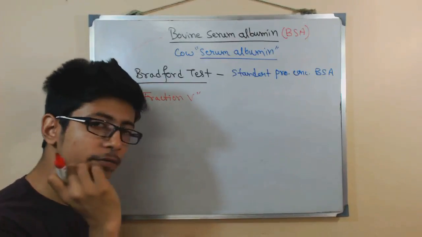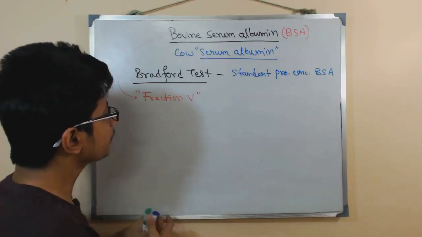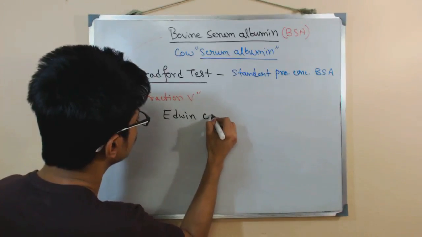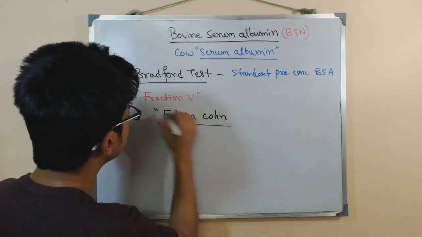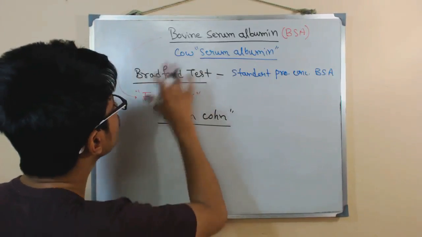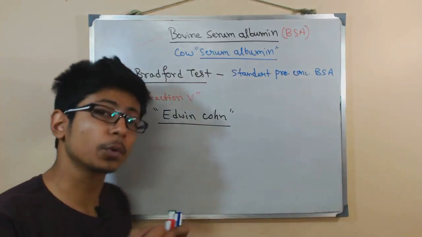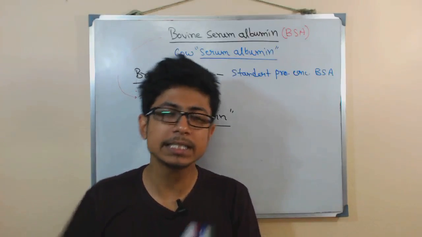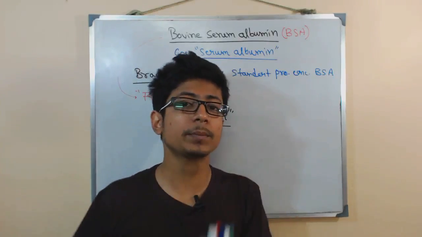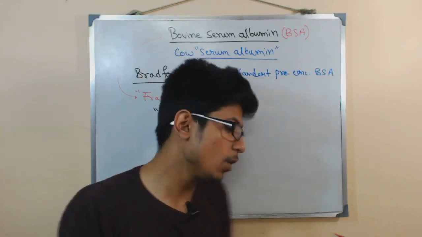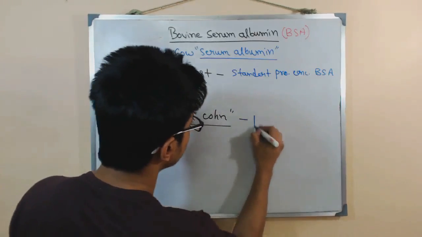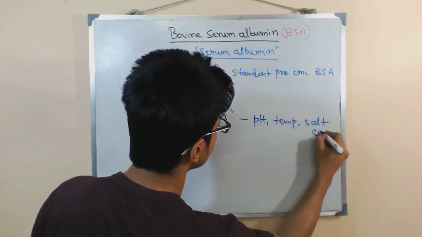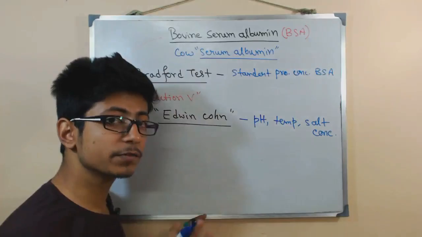It is called fraction 5 because of the experiment by Edwin Cohn, who worked on a mixture of proteins to purify specific proteins from the mixture. During protein separation from a mixture of proteins, what are the major factors we know about? pH, temperature, salt concentration. Majorly these three things play a vital role.